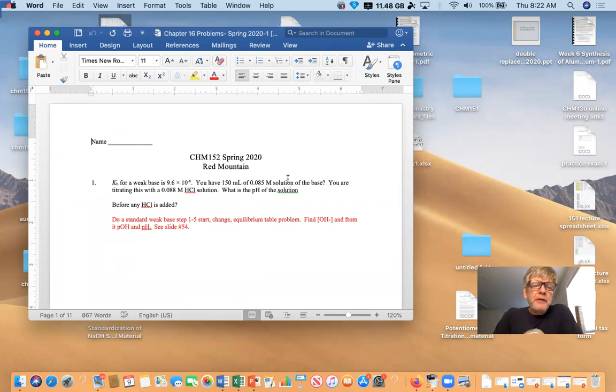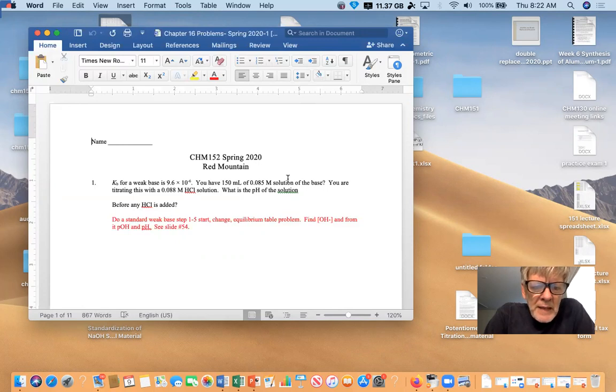So the big difference between chapter 15 and 16, as I mentioned before, is that this first part of chapter 16 is all acid-base chemistry. That changes near the end. But in the acid-base chemistry of chapter 16, we have more than one chemical compound present.